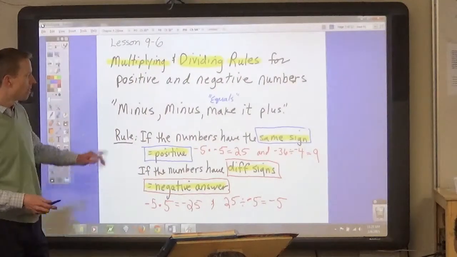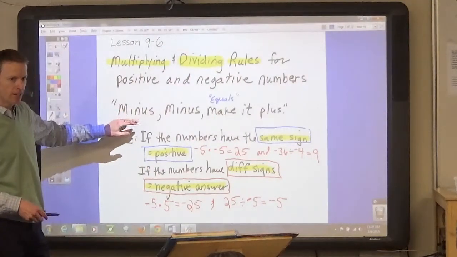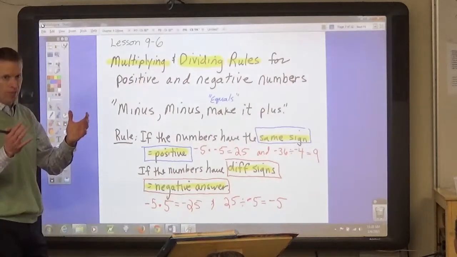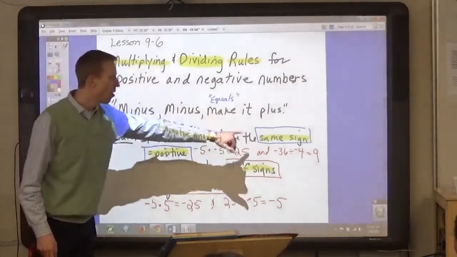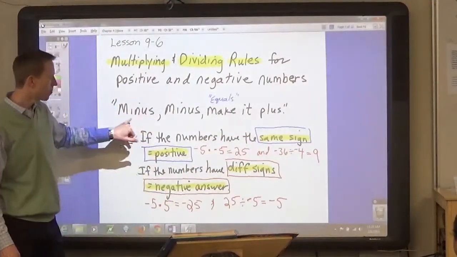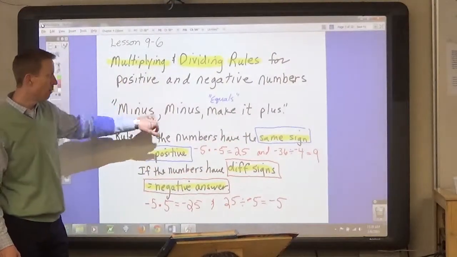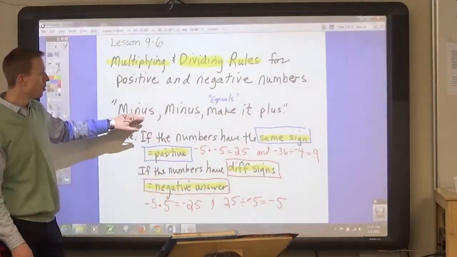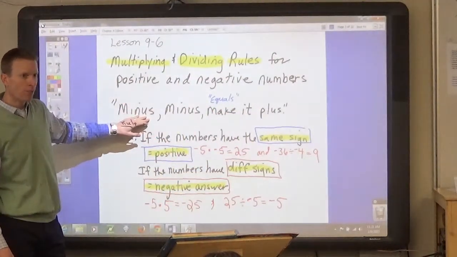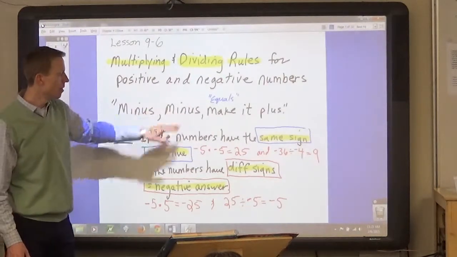But if the two have the same sign, meaning that they're either both negative or both positive, then they are always positive. Remember we learned yesterday, minus minus equals plus. The same is true when you are multiplying or dividing two negative numbers.